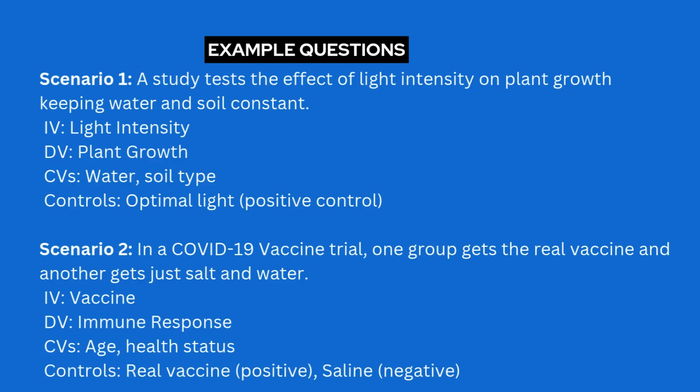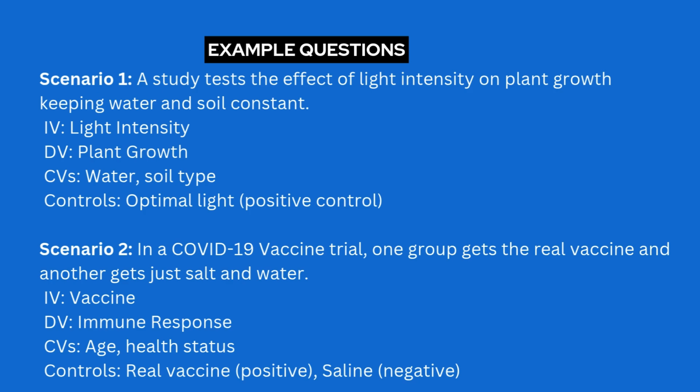In the COVID-19 vaccine trial, one group gets the real vaccine and another gets just salt and water. In this study, our independent variable is going to be the COVID-19 vaccine. Our dependent variable will be immune response. Then our control variables will be age and sex status.